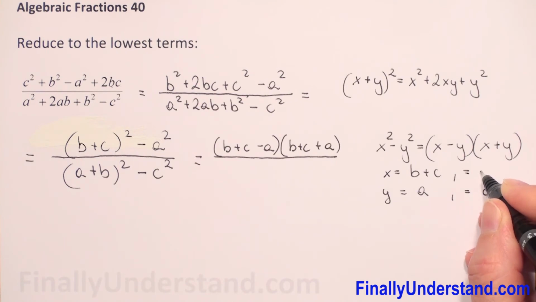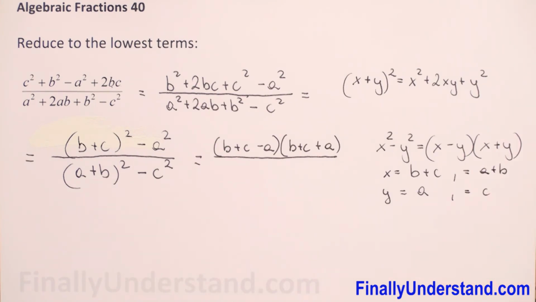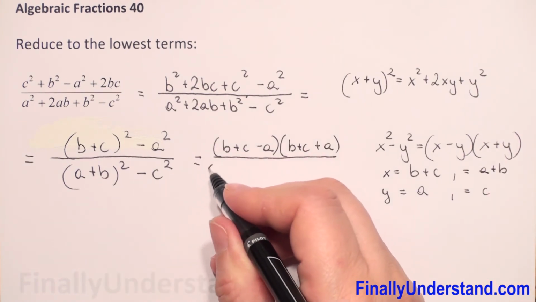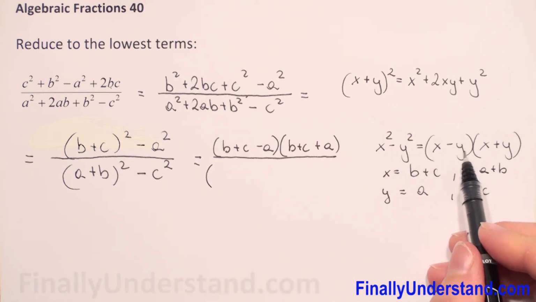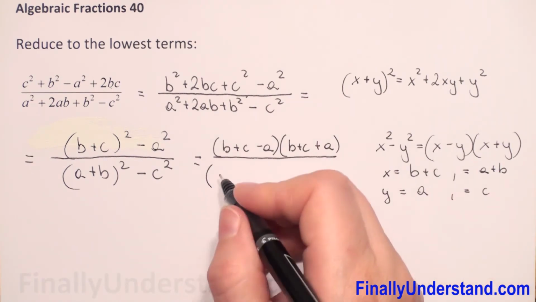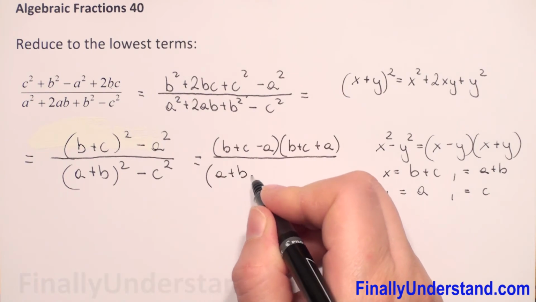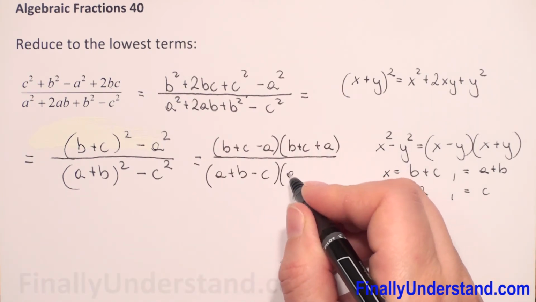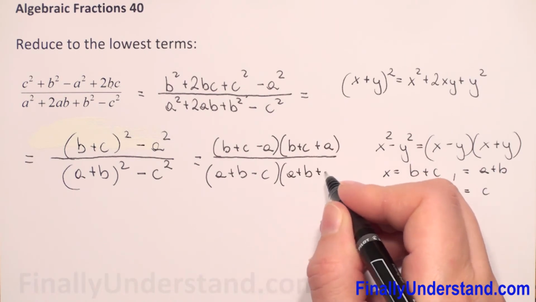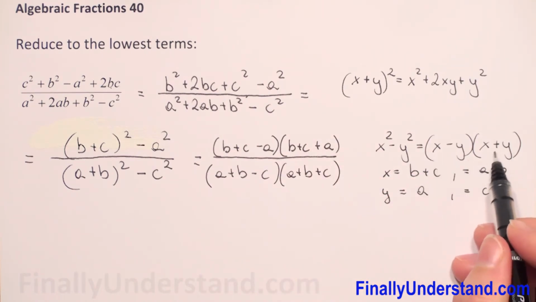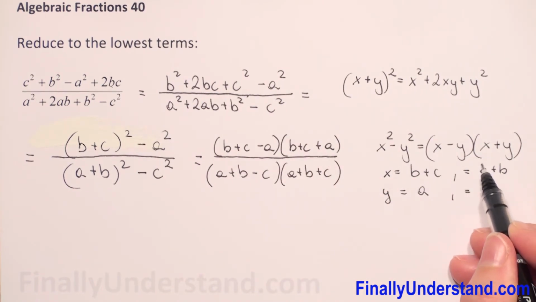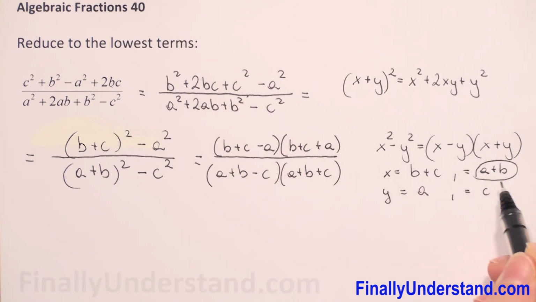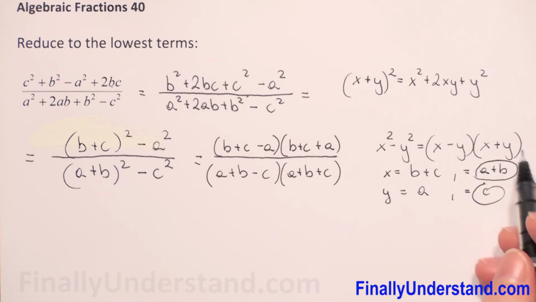So we will have x minus y. So we have a plus b minus c, and we have a plus b plus c. I just used this formula. Now our x is a plus b and y is equal c.